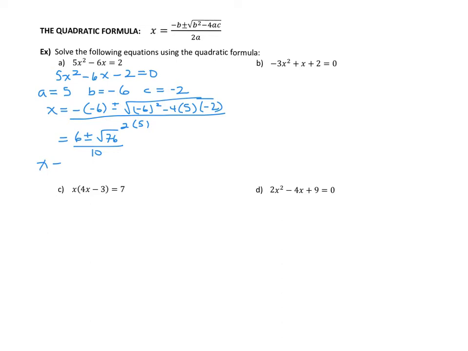So we could do the plus part. So square root of 76 is about 8.7. I'm going to add 6 to that, get my answer, hit equals, and then divide by 10. And that gives me 1.47 approximately. Or we have the subtraction part. 6 take away the square root of 76 divided by 10.